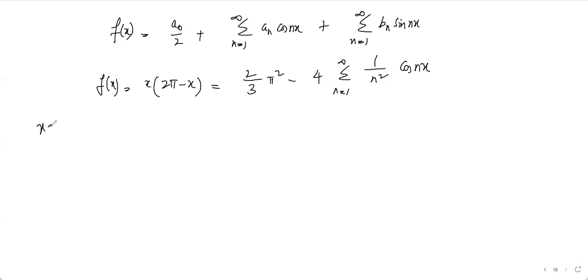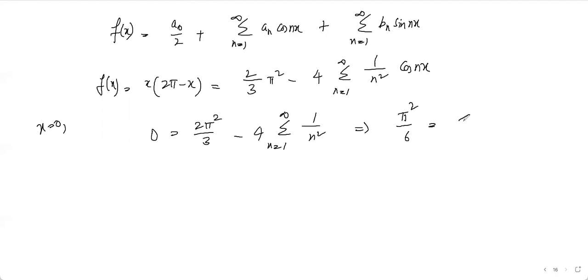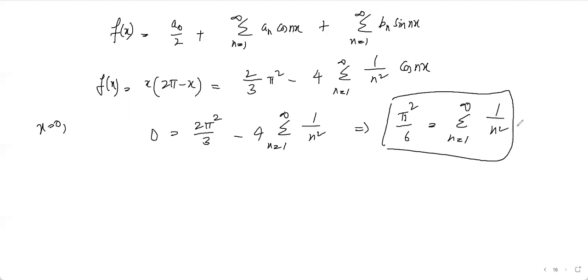Now for x equal to 0, this is 0, 2 pi square by 3 minus 4 summation n equals 1 to infinity 1 by n square, or we can write this as pi square by 6 equals summation n equals 1 to infinity 1 by n square after simplifying it. Okay, we got this result.